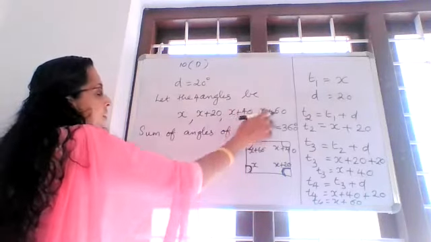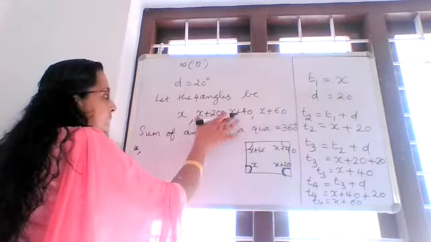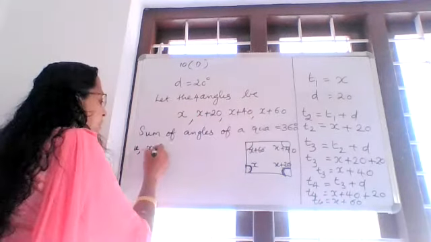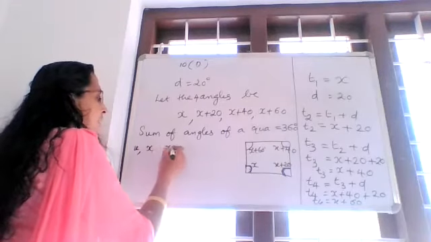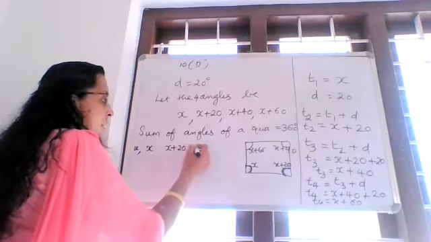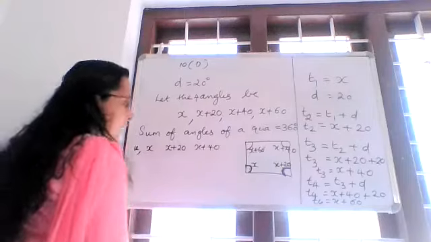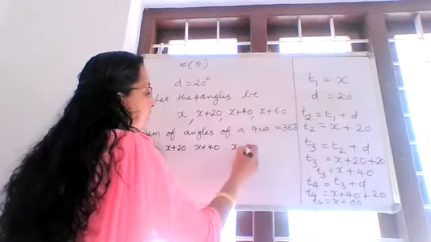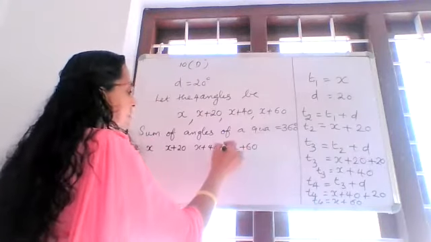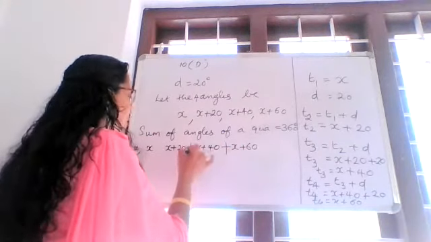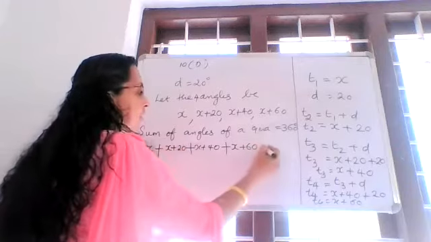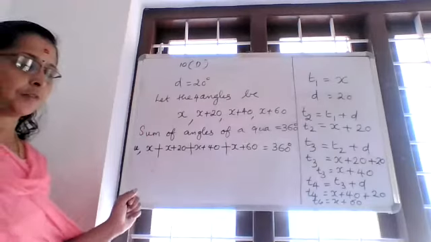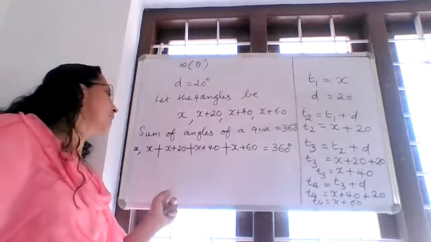These are the angles, so the sum of x, x plus 20, x plus 40 and x plus 60 is 360 degrees.